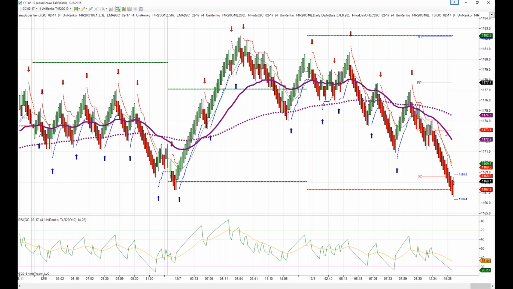Okay? We need some sort of retracement up, so I need a green bar up. And then the next move down, and I will look to get in this trade. So right now, I would be on hold for gold, waiting for some kind of retracement, and then I would look to sell it. Okay?